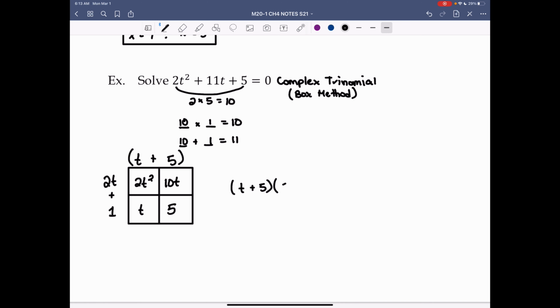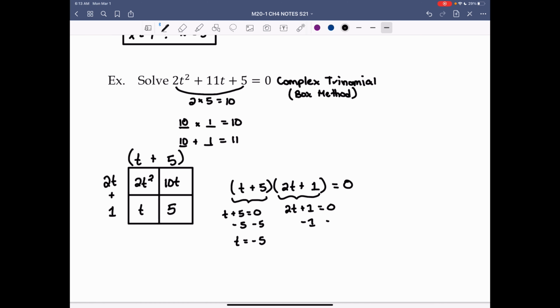T plus 5 times 2t plus 1 equals 0. And again, in order for this product to equal 0, one of the binomials has to equal 0. So let's figure out when each of the binomials equals 0. T plus 5 equals 0. Subtract 5. T equals negative 5. And 2t plus 1 equals 0.